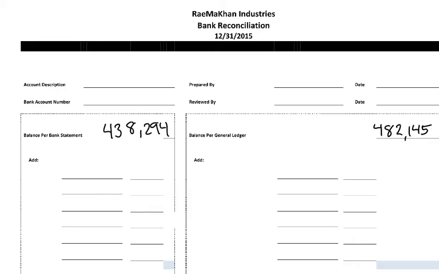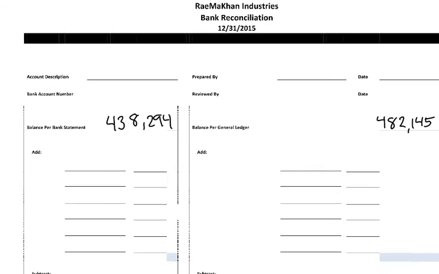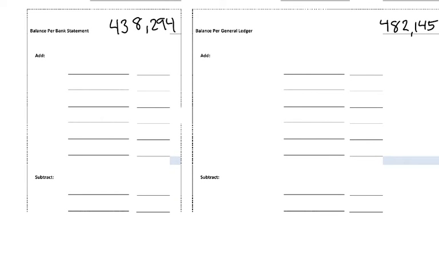So we want to calculate all of November's outstanding checks along with December's outstanding checks. So November had check number 683 for $681 outstanding. They also had check number 712 for $1,358 outstanding.